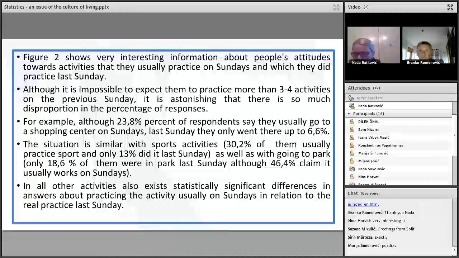Last Sunday, they went only 6.6%. The situation is similar with sports activities, as well as with going to the park. In all other activities, statistically significant differences exist in answers about the activity usually on Sundays in relation to the real practice last Sunday.